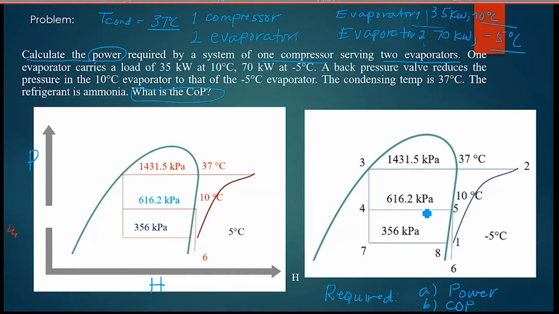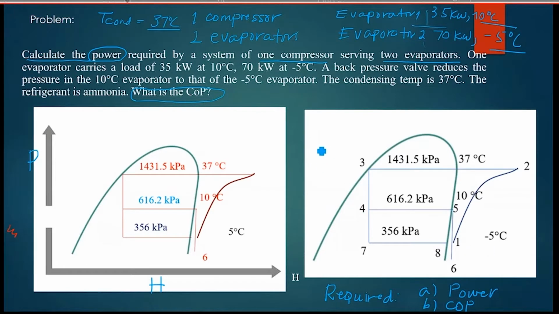We were only given two temperatures, 10 and -5. The higher the pressure, the higher the temperature; the lower the pressure, the lower the temperature. So we can deduce that the -5 is right here, because it is lower temperature, lower pressure.